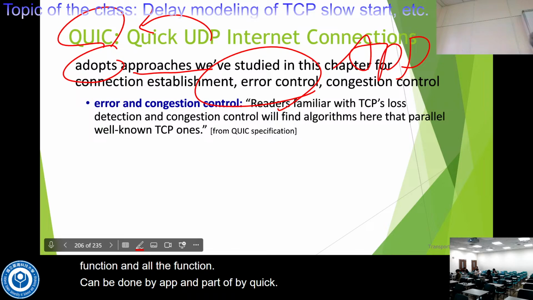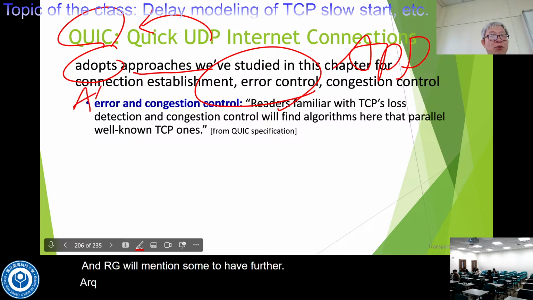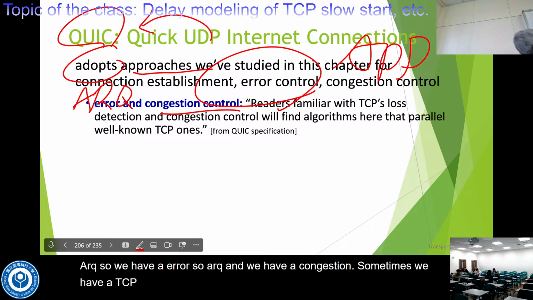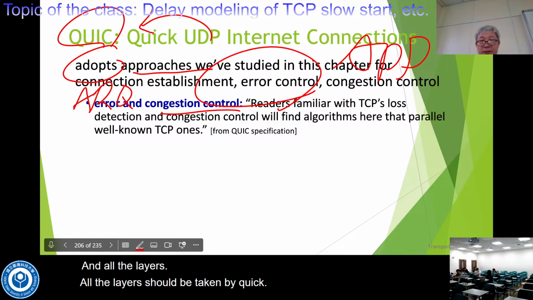And we mentioned some of them, such as ARQ for error handling, and congestion control, something like the TCP congestion control. All of these should be taken by QUIC, or maybe the app layer.